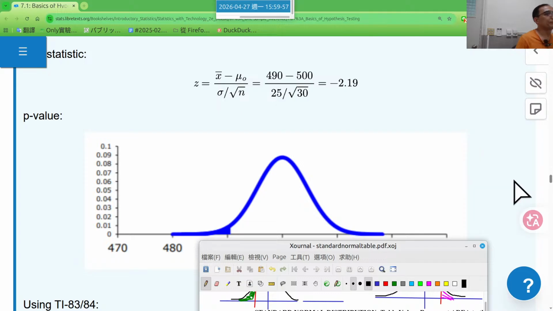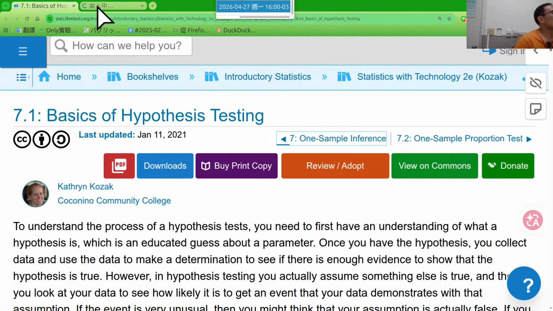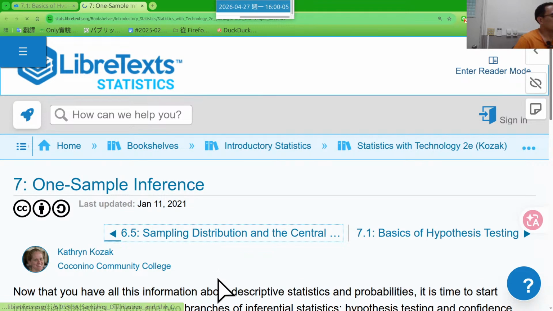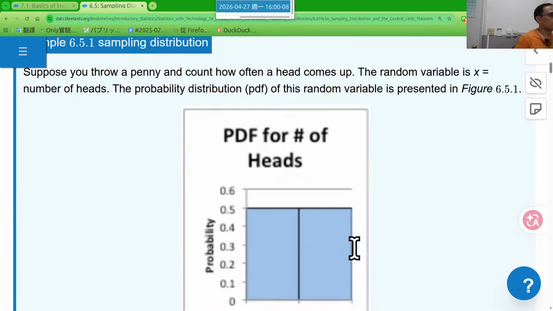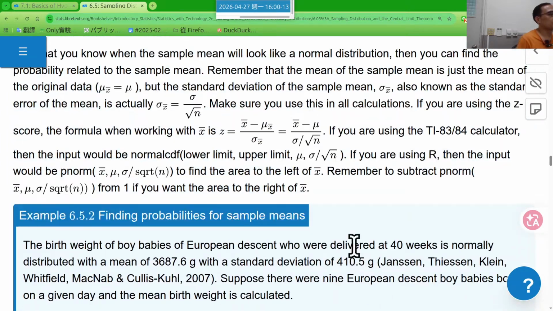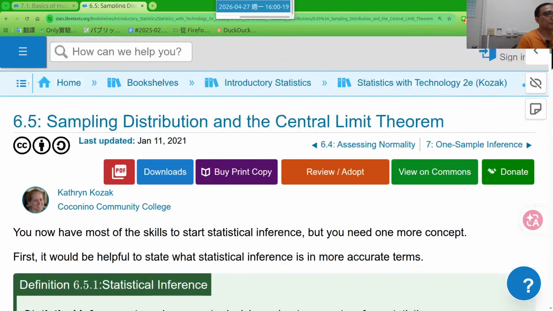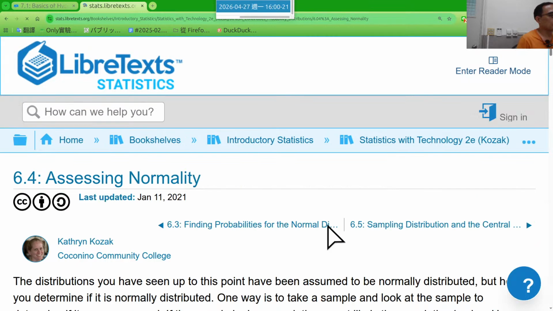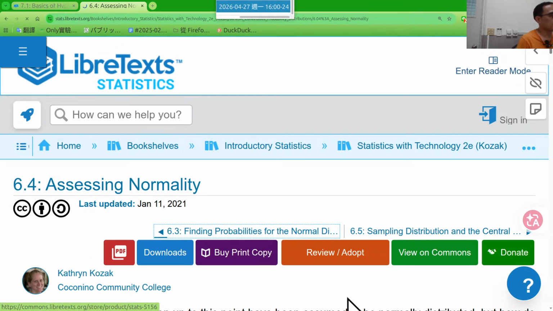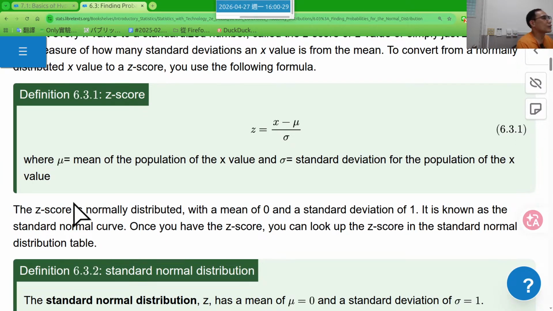One minute please. Okay, you may ask why on chapter 6.3, the z-score is x minus mean divided by sigma, that's enough.